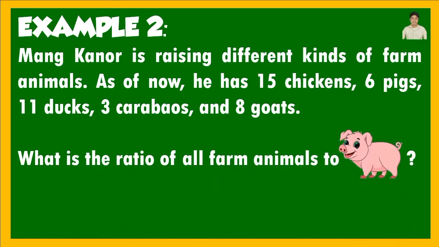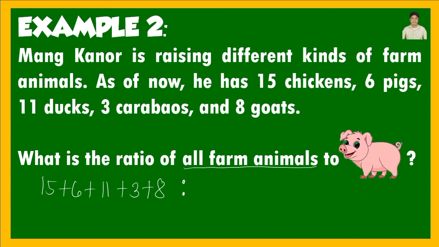What is the ratio of all farm animals to pigs? So all farm animals to pigs. So kailangan po nating i-add yung lahat ng mga animals kasi all farm animals. So 15 plus 6 plus 11 plus 3 plus 8.